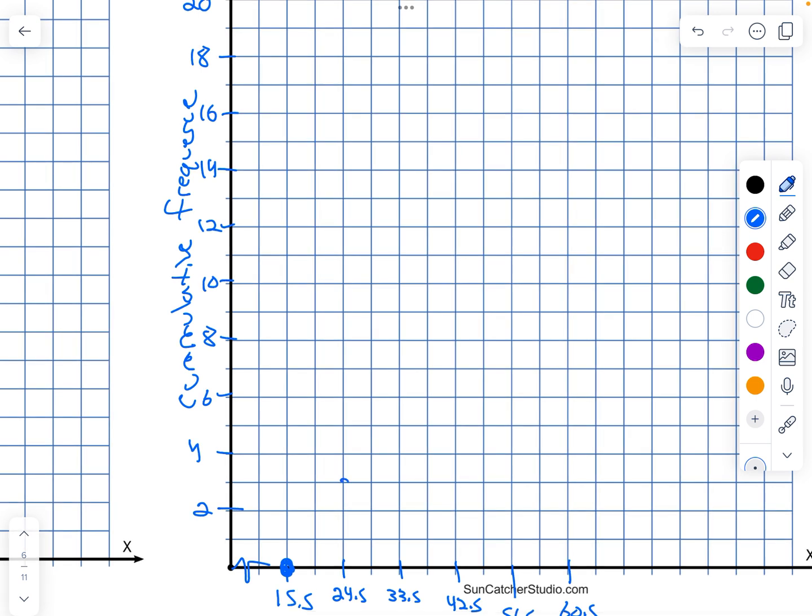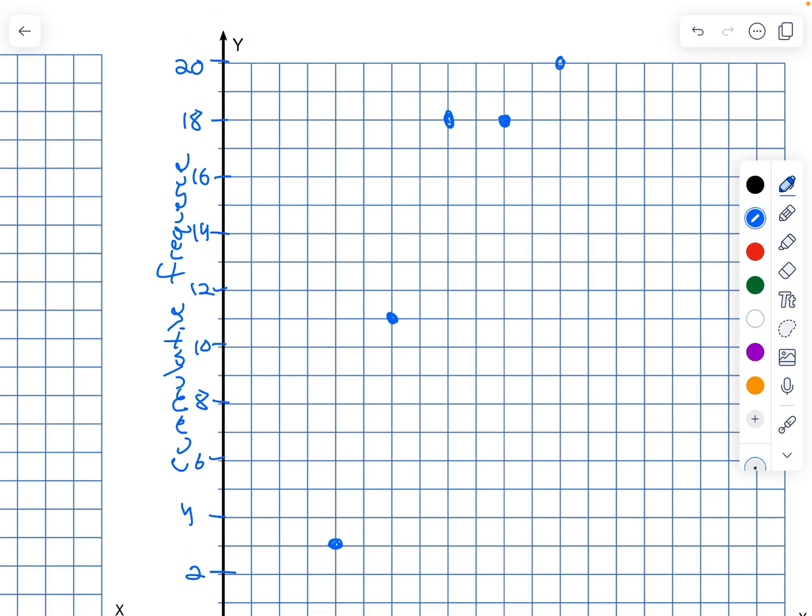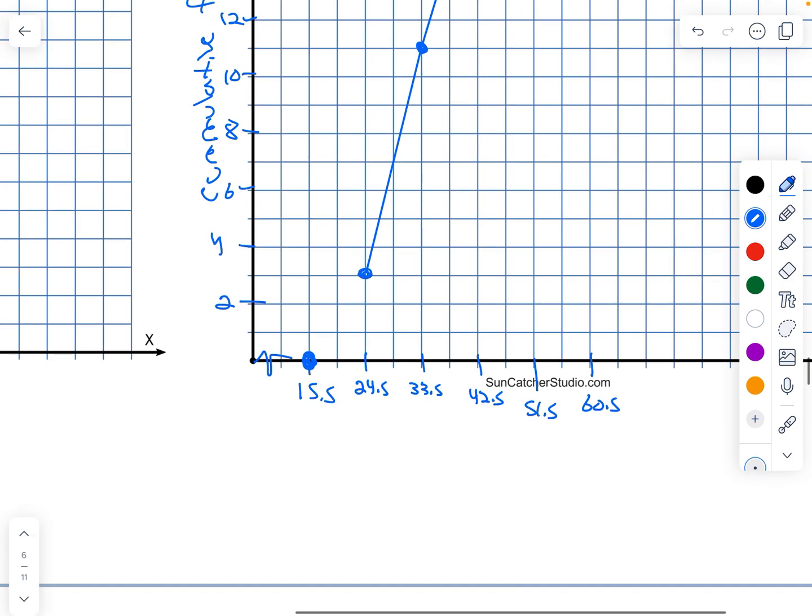Okay, so I go up to 3, then to 11, then to 18, and then stay at 18, and then jump the rest of the way to 20. Connect those dots with straight lines. And there we have it.